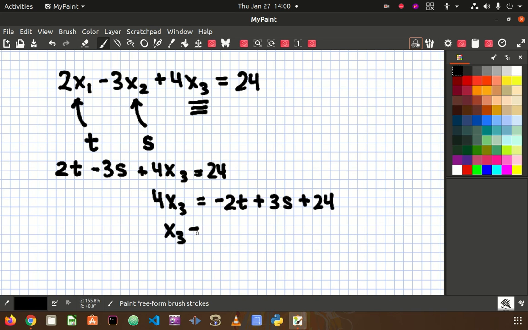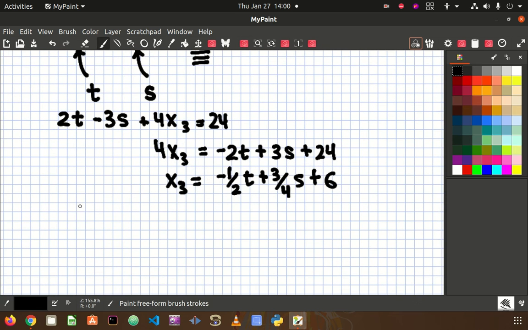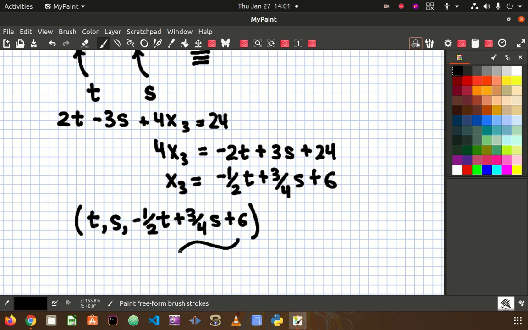So x3 is negative 1/2 t plus 3/4 s, and then plus 6. And so now the solutions to this system are (t, s, negative 1/2 t plus 3/4 s plus 6). The first two are independent parameters, and the last one is a dependent parameter depending upon t and s. And so this ordered triple represents the solutions to a system.